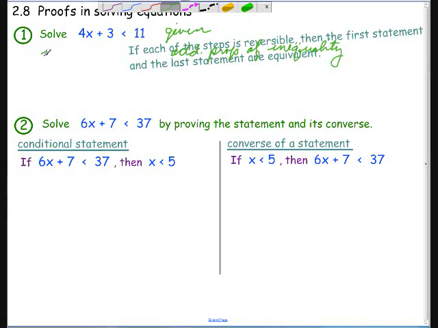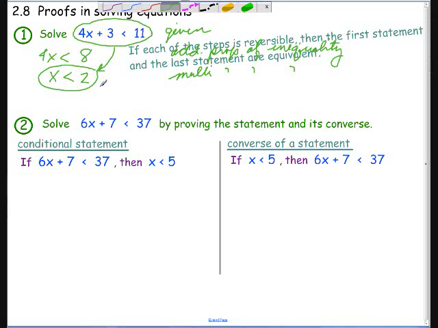What I do next is 4x is less than 8. And then I'm going to use the multiplication property of inequality. And that will say x is less than 2. So this is equivalent to this. Which one do I like better? This one here, because it is simpler.